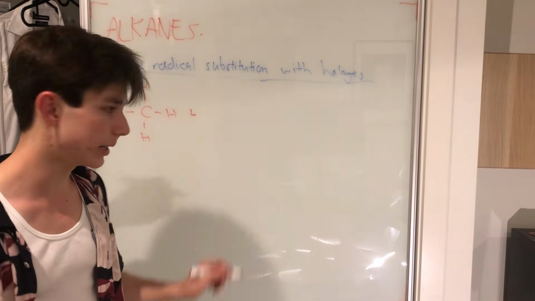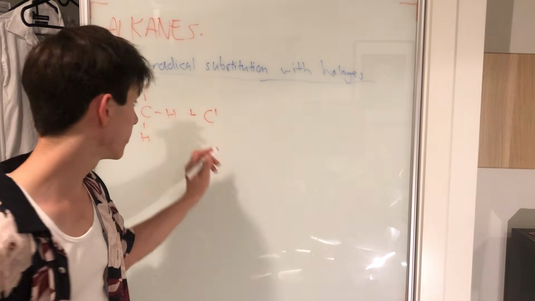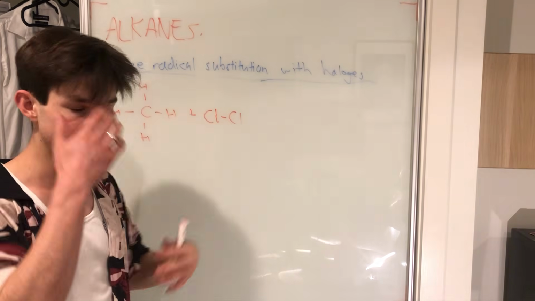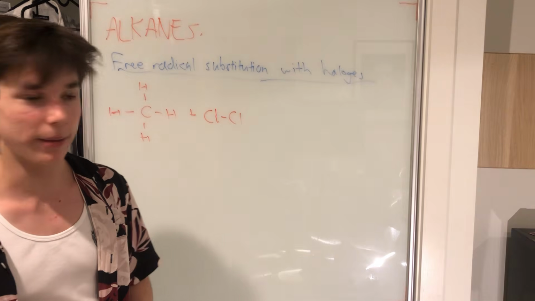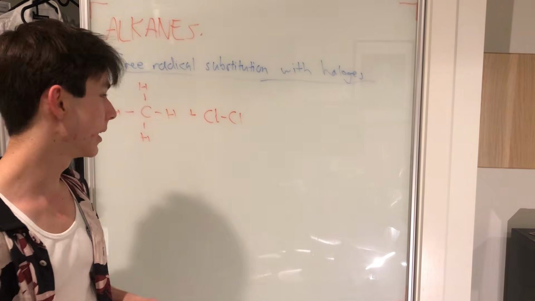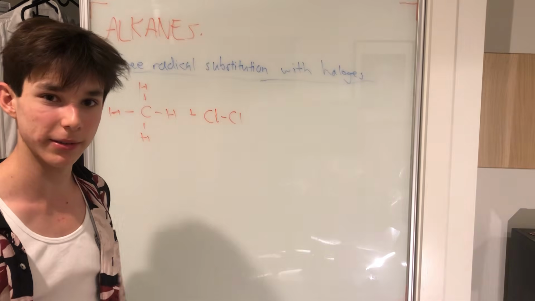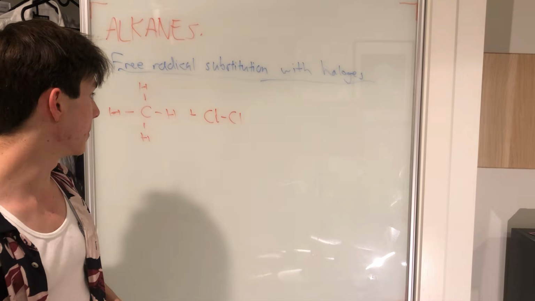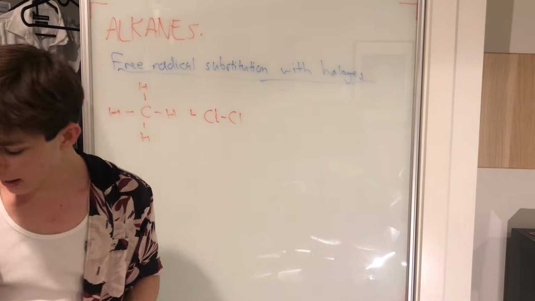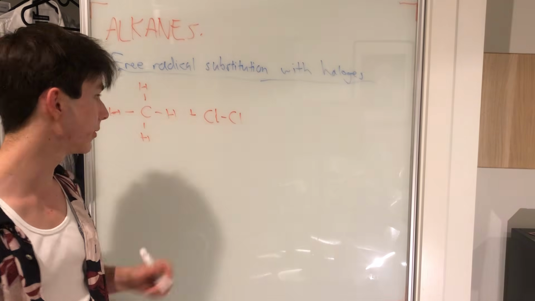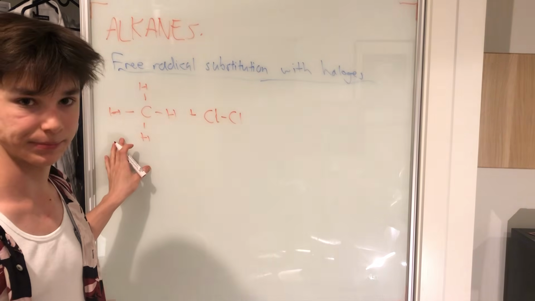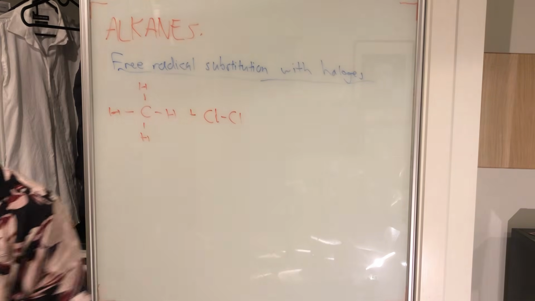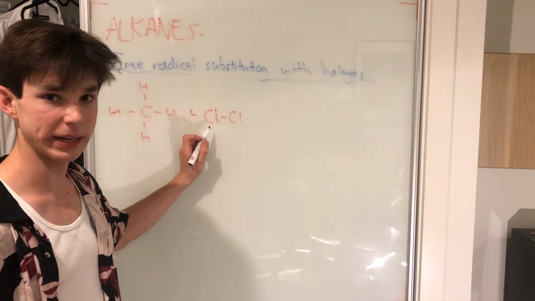So let's take chlorine as an example, and remember from your 9-10 chemistry, the Brinkelhoff twins, these diatomic molecules, bromine, iodine, chlorine, oxygen, fluorine, they roam around the atmosphere in pairs, diatomic molecules, 2 atoms. So we have this halogen, and what we've really got is 2 halogen atoms, and this is reacting with this. So we want to substitute one of those hydrogens for one of those chlorine atoms.